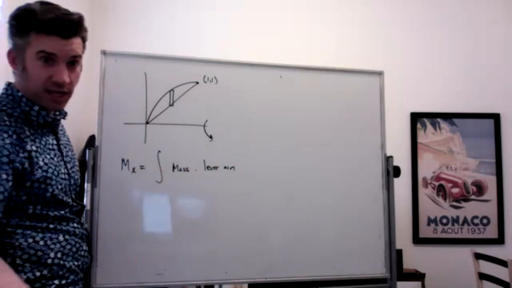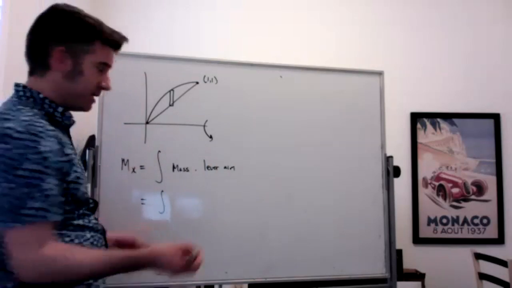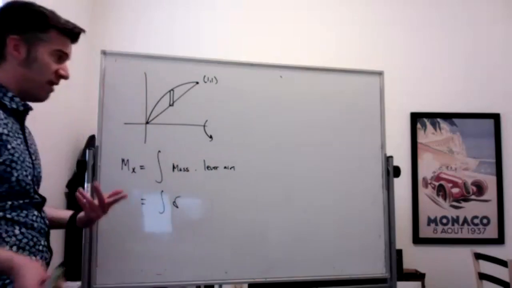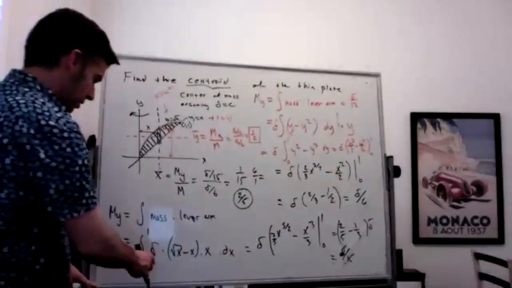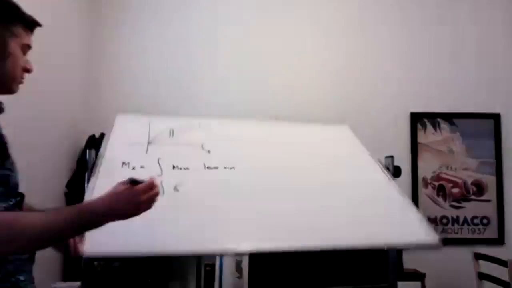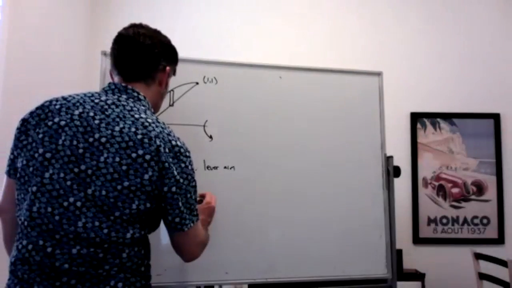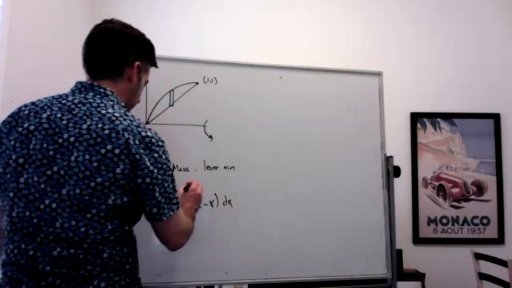The mass is still the same. The mass is still area times density. But we're doing it in terms of x, right? Because we have a vertical strip. So the mass is still the density times root x minus x times dx. There's your mass.